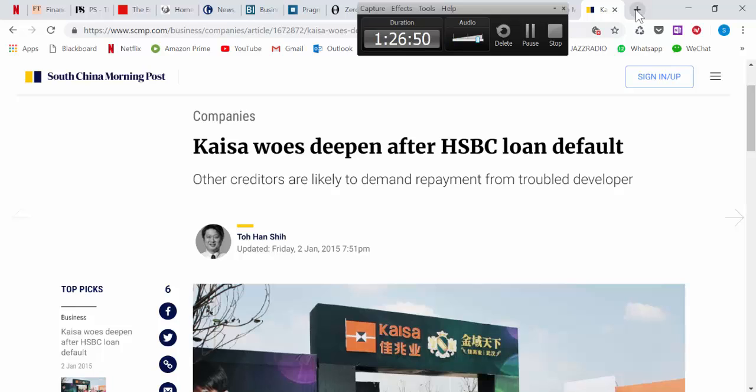Now, with the HSBC loans, there was a clause in there which says, I think if the CEO or the chairman, if that person ever resigns, if that person leaves the company, HSBC has the right to demand payment immediately.